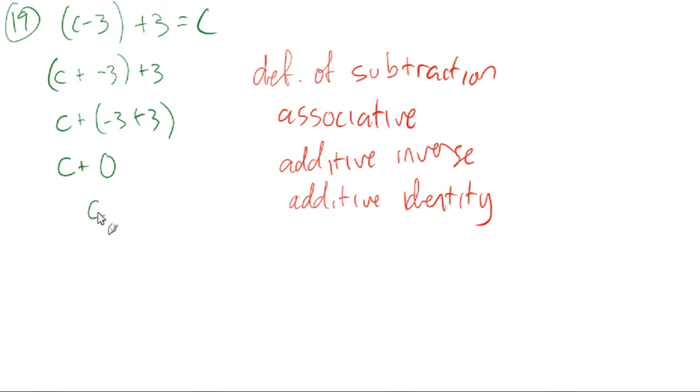But what your brain is doing, since it's so familiar with all these properties, is applying them all at once really quickly and seeing that c is left. And if you skip a step, or you apply a property that doesn't exist, or you apply it slightly incorrectly where it doesn't apply, then you're in big trouble. You need to make sure that you're applying these properties when it's appropriate, when it's legal.